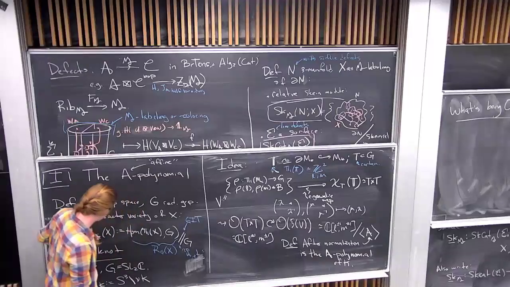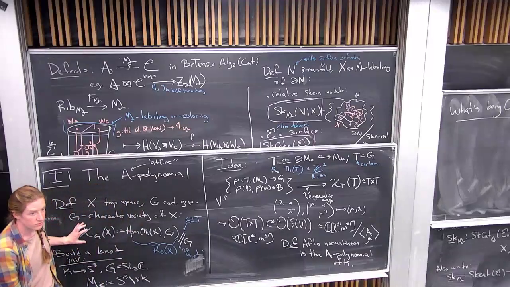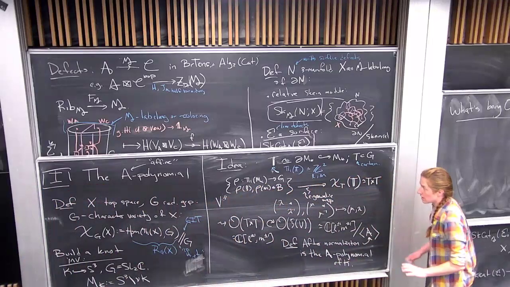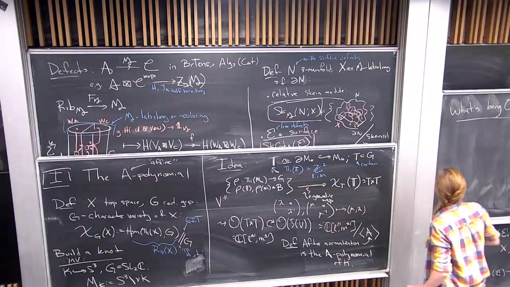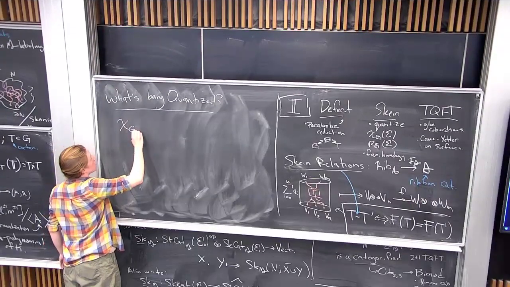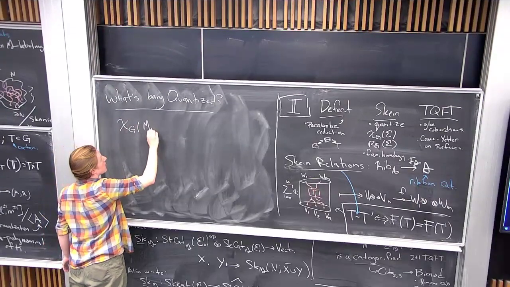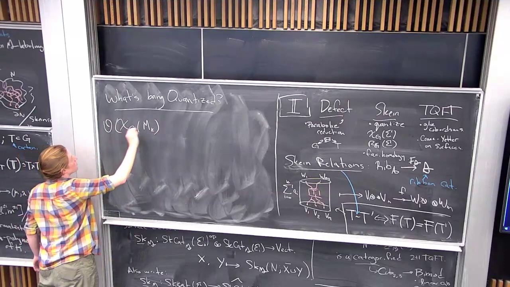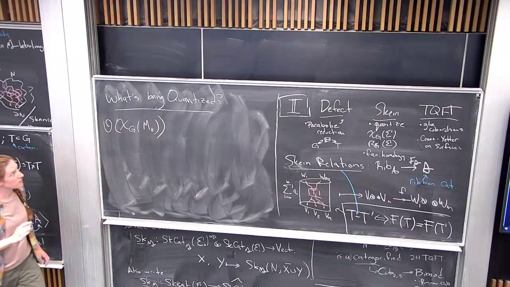So I had these character varieties, right? One of the character varieties that I cared about, and I wrote a subset here, is the G character variety of M sub K. And now I'm quantizing, so this is something I'm doing on the algebra of functions on this.